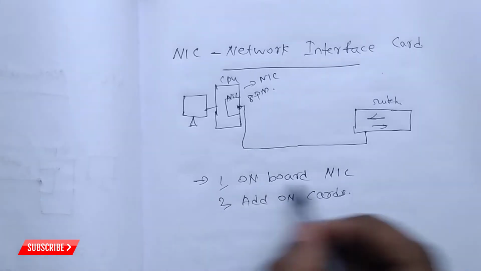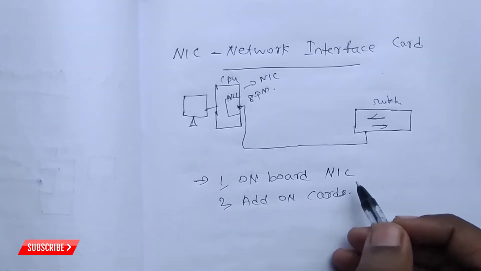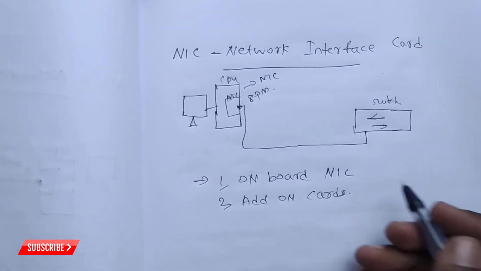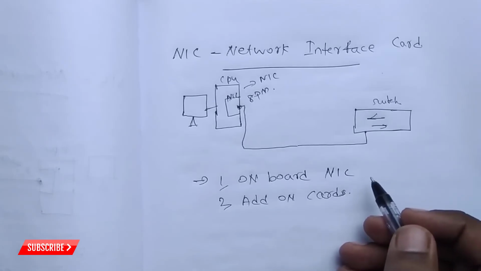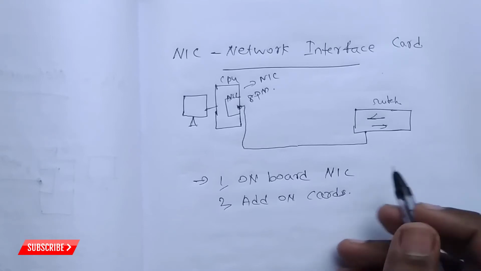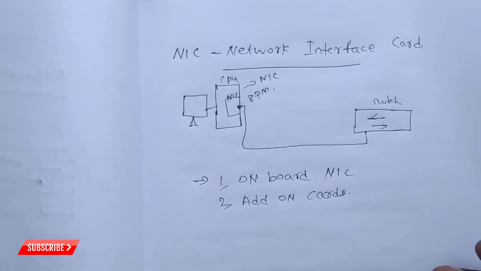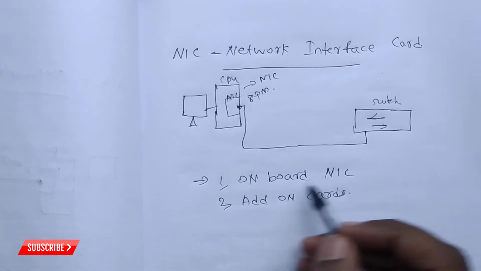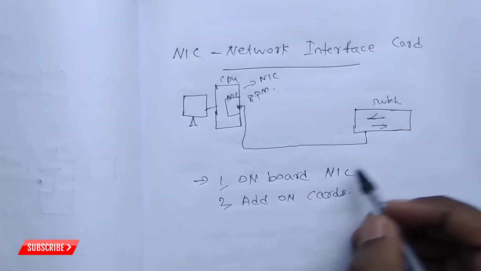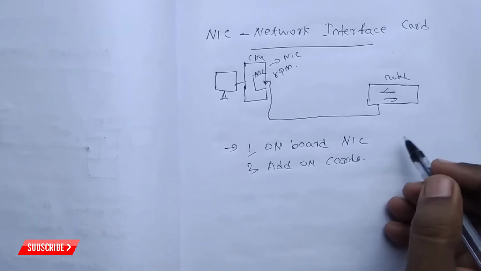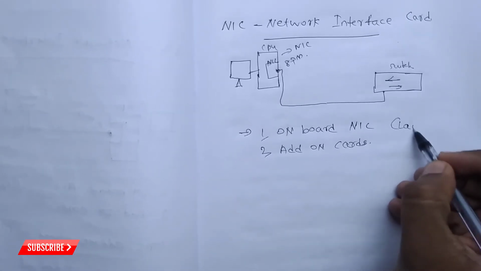The first one, the onboard NIC, is mounted on the motherboard. If you look at your laptop, we cannot plug in or plug out that NIC easily, because it is mounted on the motherboard. So the NIC in a laptop is an example of an onboard NIC.